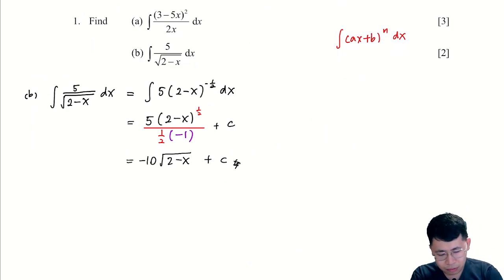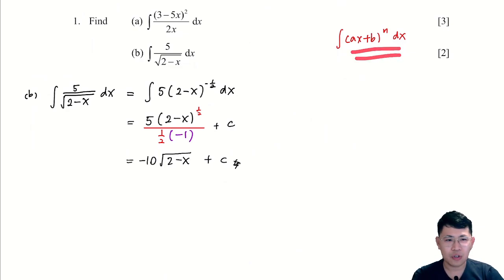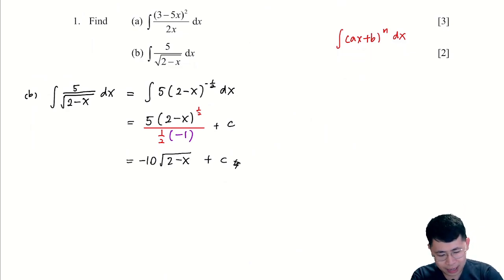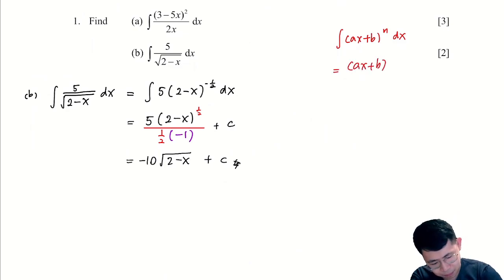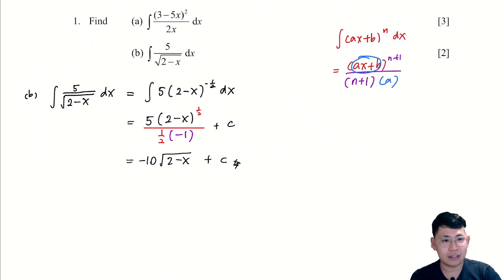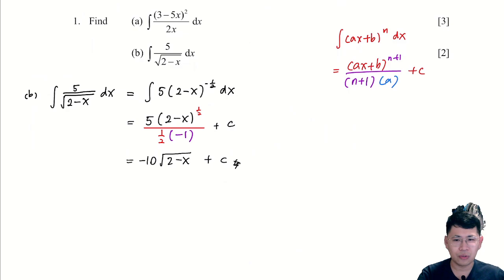We can only rely on rewriting this into a power form and using the integration, where the result is ax plus b power n plus 1 divided by new power and then divided by the a, divided by the differentiated content, then plus c. This is how the power rule formula works.